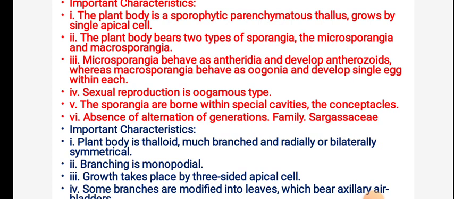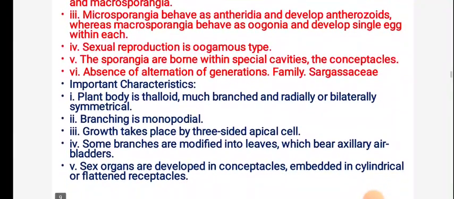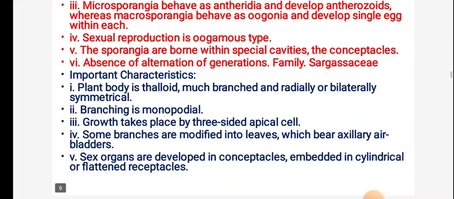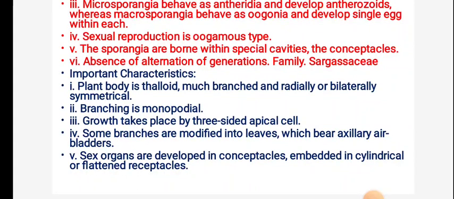Then sporangia are borne within special cavities, and these are called conceptacles. Already we know in Sargassum, conceptacles are present, and they are present in the receptacles. Then there is absence of alternation of generation in the family Sargassaceae. There is no specific alternation of generation.